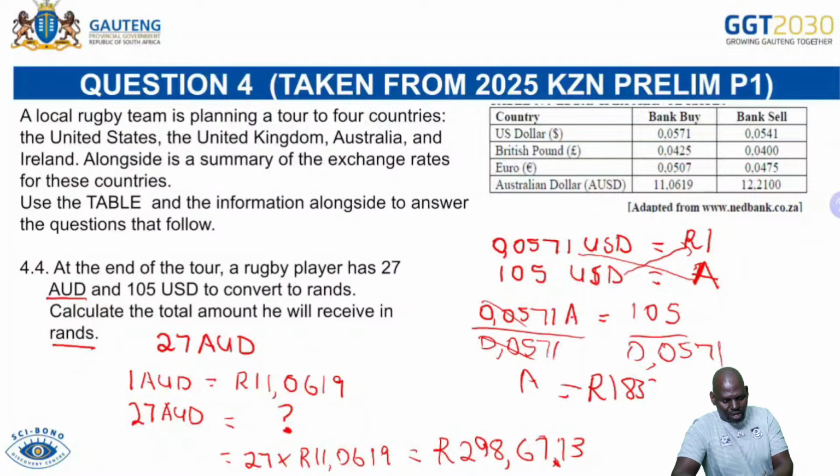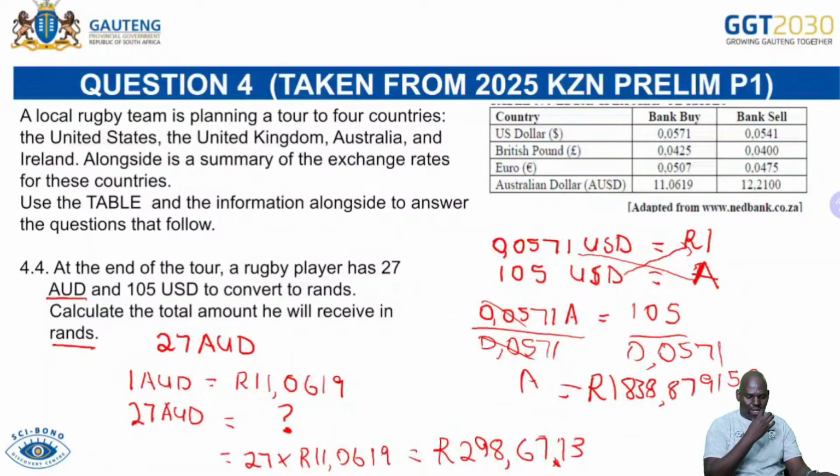Then I get 1838,879159. Then I can just add them together. I'll take this amount and add it with the other one.